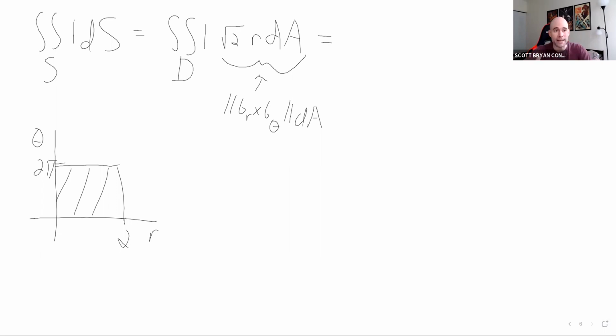We're integrating over a rectangle, right? r goes from 0 to 2, theta goes from 0 to 2 pi. So our dA here is just dr d theta.